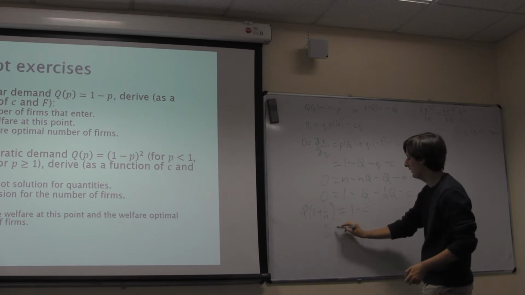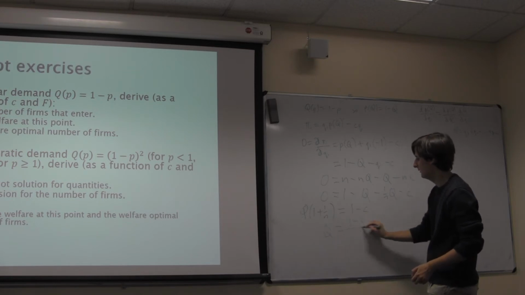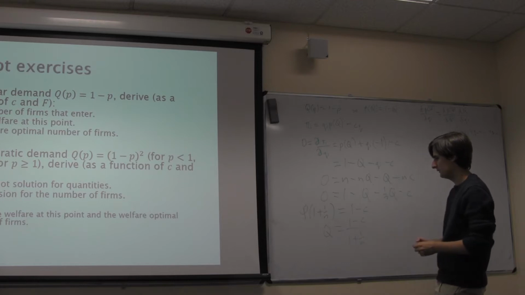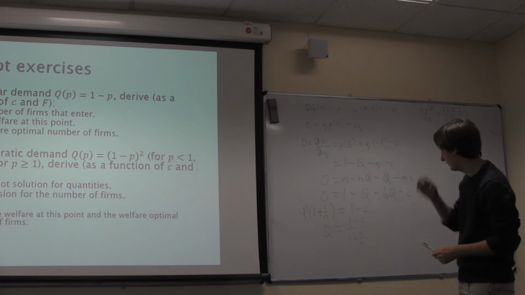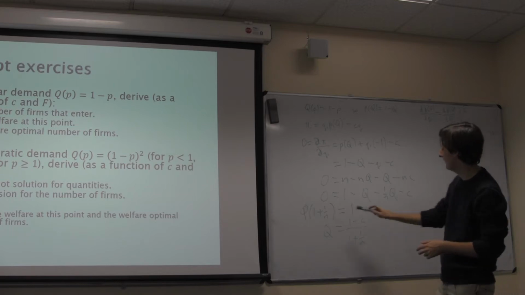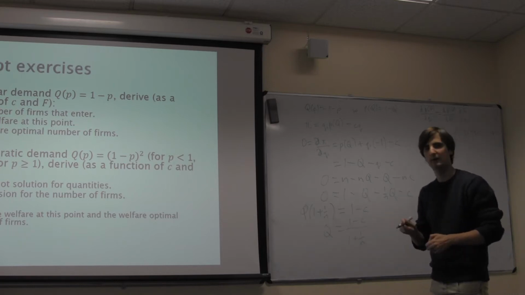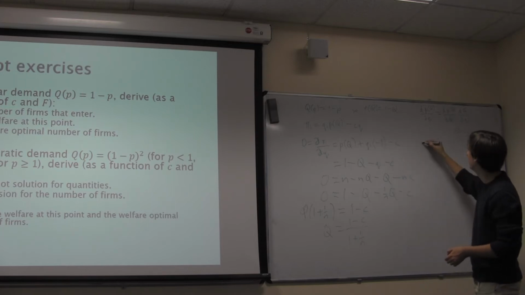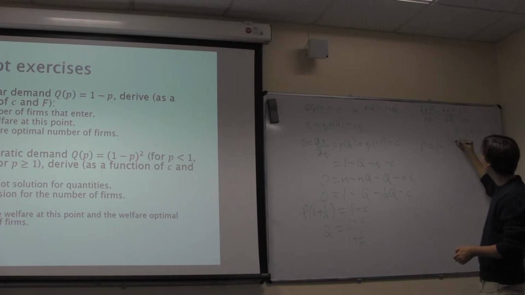So big Q is (1 minus c) over (1 plus 1 over n). Okay, then we can substitute that back in to find the price. Price is just 1 minus big Q, so price is going to be 1 minus all of this, (1 minus c) over (1 plus 1 over n).